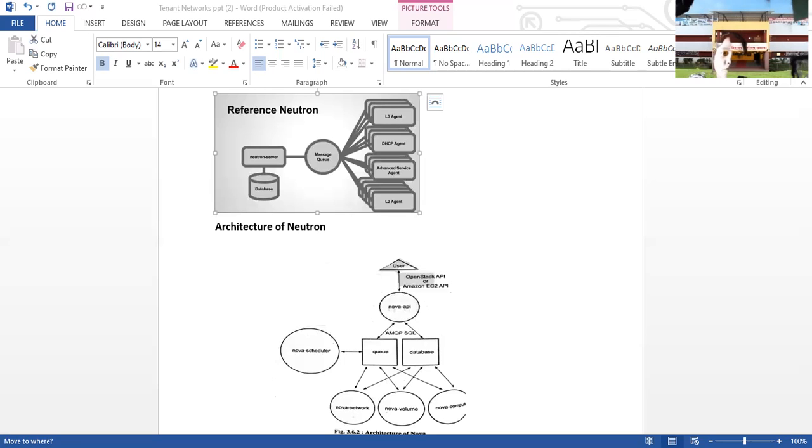The plugins are further divided into core plugins, which implement the core Neutron API, which is layer 2 networking and IP address management. If any plugin provides an additional network service, we call it a service plugin, for example load balancing as a service, that is LBaaS, firewall as a service, that is FWaaS, and so on.